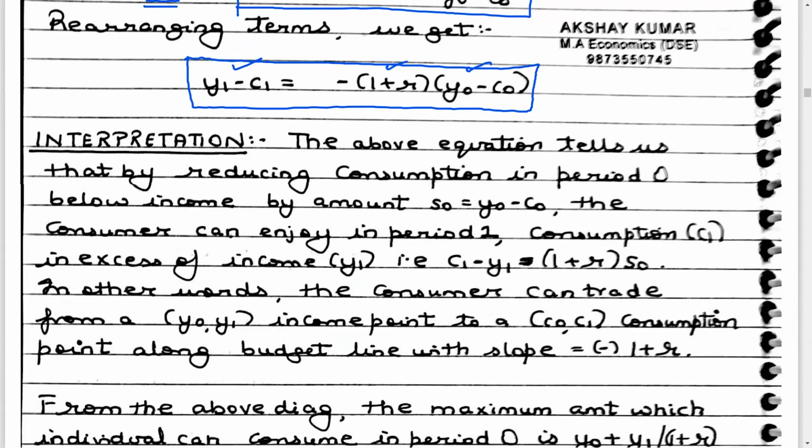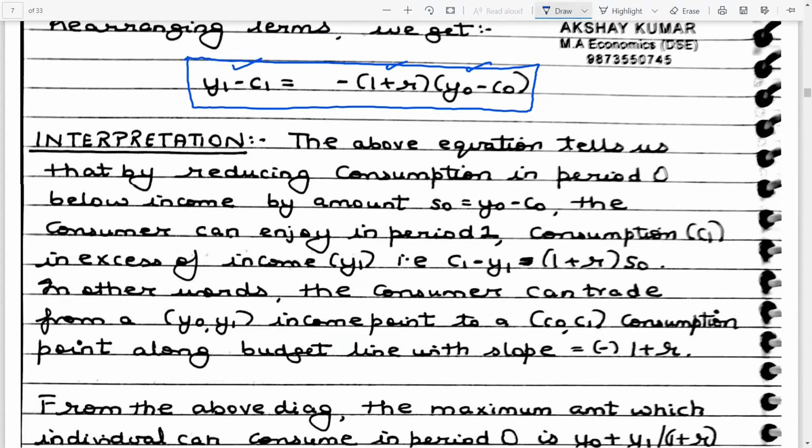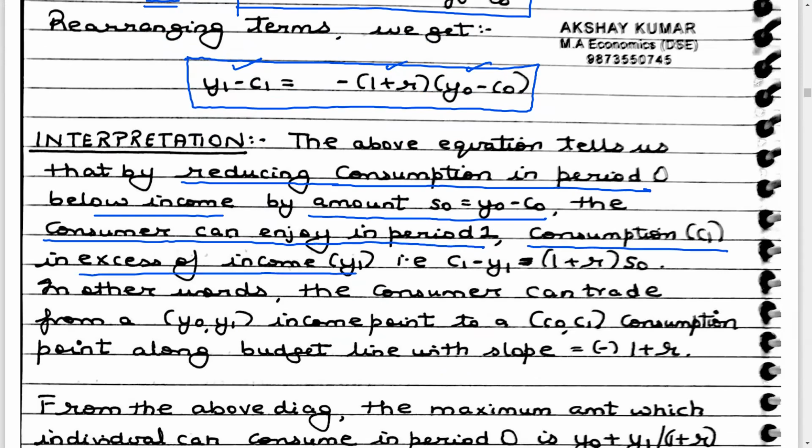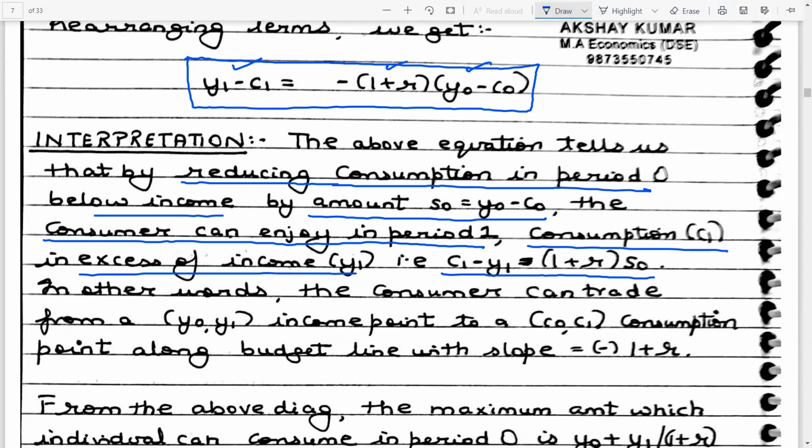The above equation tells us that by reducing consumption in period 0 below the income by the amount S0, the consumer can enjoy in period 1 consumption C1 in excess of income Y1. That is C1 minus Y1 is 1 plus R times S0.